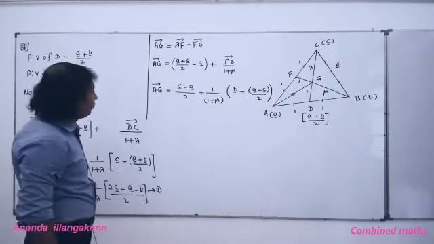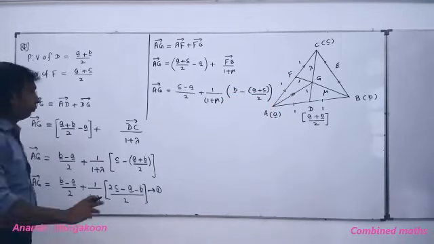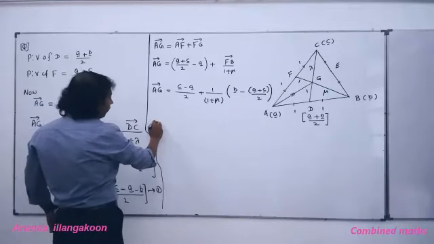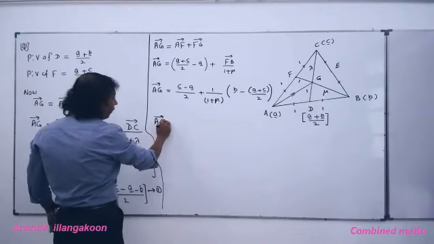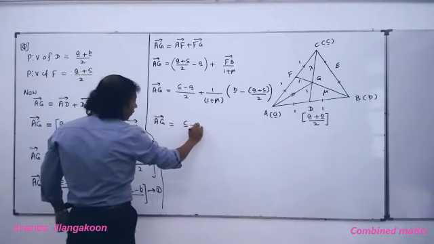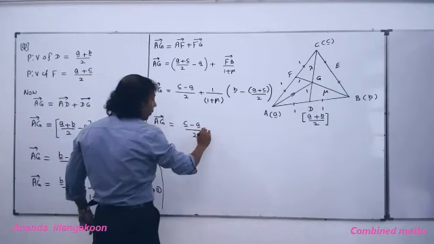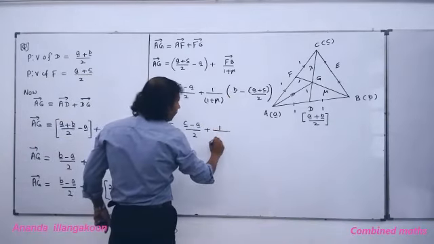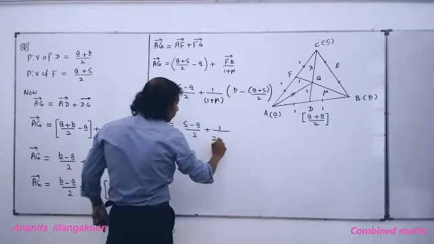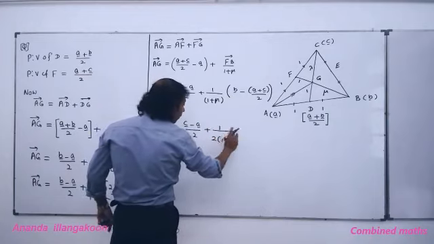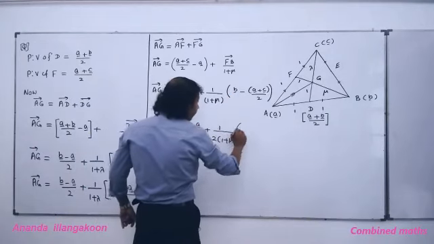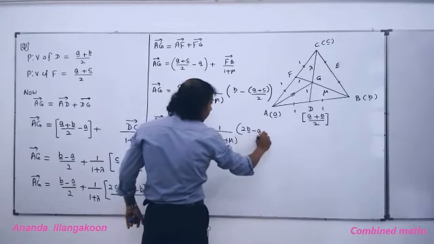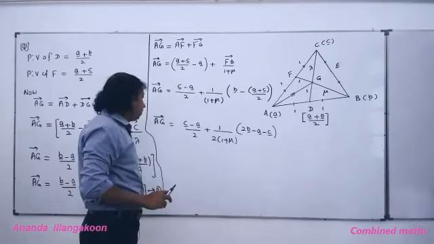Okay. Now the AG vector you can write as (C minus A) by 2 plus, taking 2 as a common denominator, 1 upon 2 times (1 plus mu), right? Also take the common denominator here, (2B minus A minus C) coming. This is the AG vector in the second form.